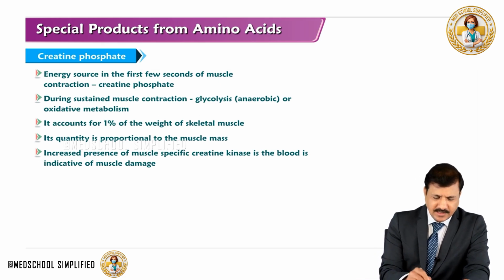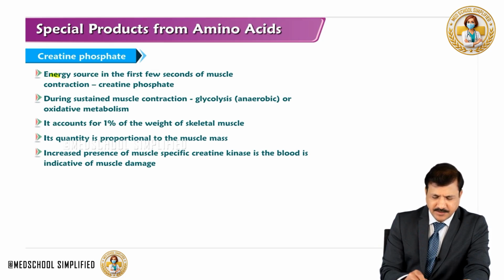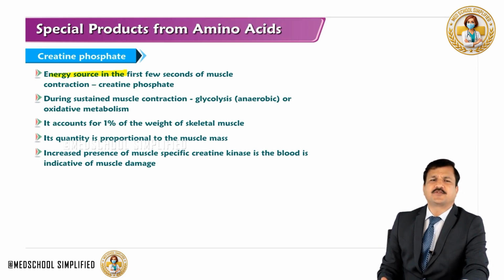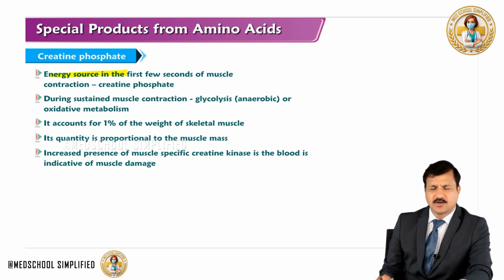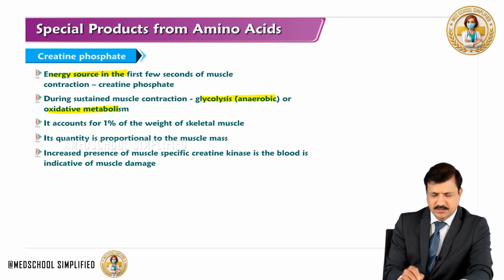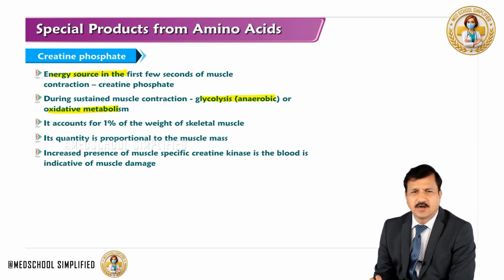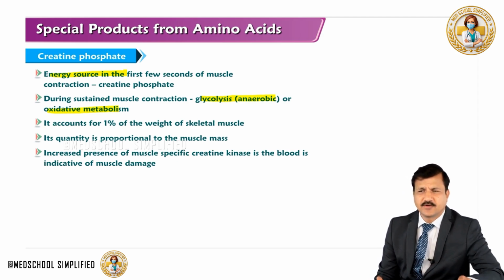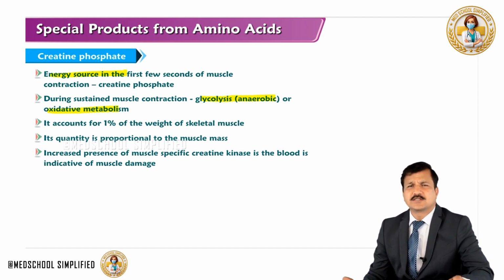So, as I explained in earlier slides, creatine phosphate is the energy source in the first few seconds of muscle contraction by breaking creatine phosphate. During sustained muscle contraction, glycolysis, especially the aerobic glycolysis or oxidative metabolism, can go on, and later when the oxygen deficiency occurs or when there is a limitation in the oxygen supply, at that time glycolysis will switch to anaerobic.